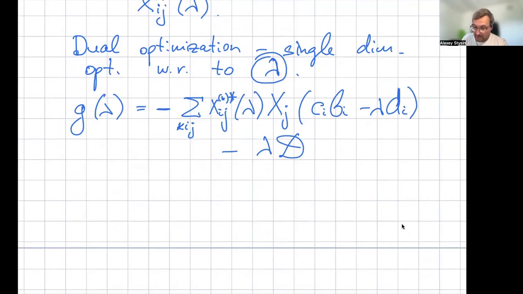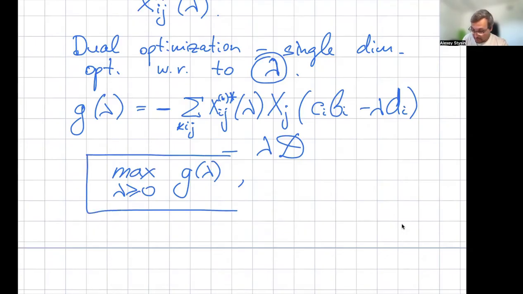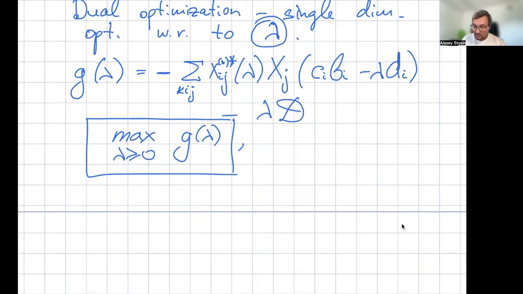And the dual optimization problem now is to maximize g of lambda, constrained that the lambda is larger or equal to 0. Well, I want to rewrite this. I just want to get rid of the minus signs here.